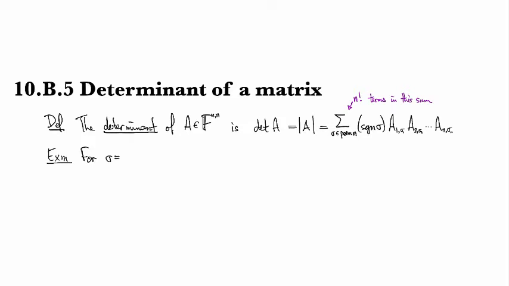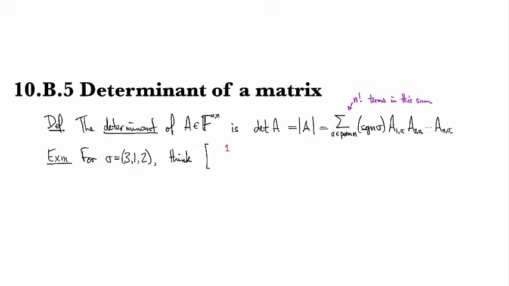So if we go back to our example of the permutation 3, 1, 2, a friendly way to think of it is as looking at the corresponding permutation matrix. So 3, 1, 2 means there's a 1 in the third, first, and then second entry, right?